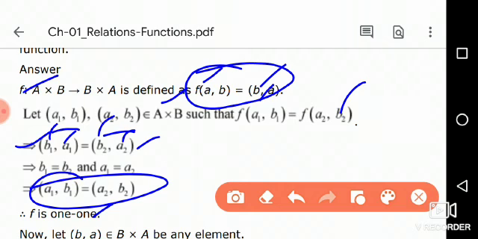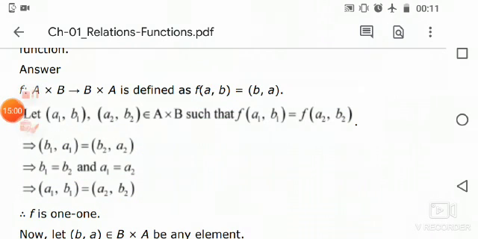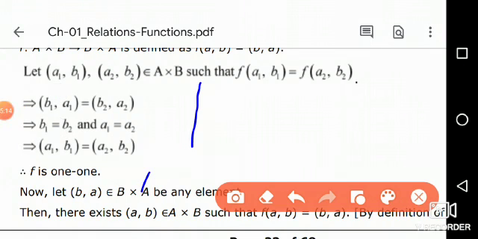Now my dear students, it is very easy to prove the given function is 1-1. Once this question was given in the examination for 3 marks. Dear students, now we check the ontoness of the function. Now let b comma a belong to B cross A, such that there exists a comma b belongs to A cross B, such that f of a comma b is equal to b comma a.